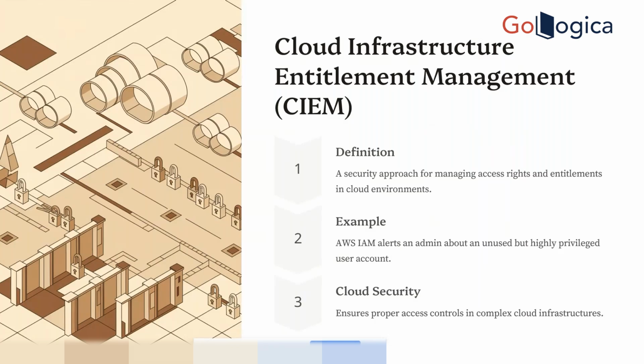These are some different areas, but they belong to IAM. They are a complete solution through which organizations are running. For example, AWS CIEM alerts an admin about an unused but highly privileged user account. Like cloud security, it ensures proper access control in a complex cloud infrastructure.